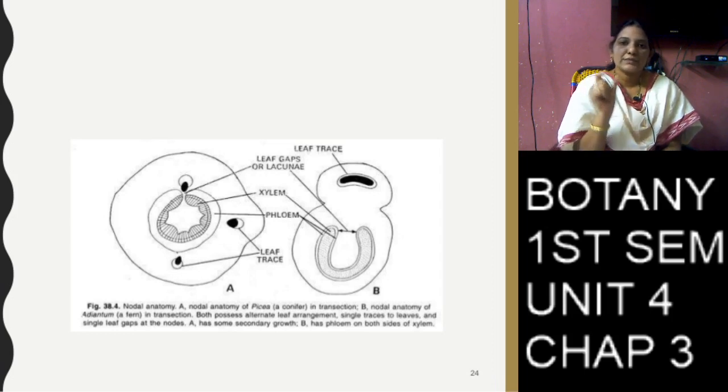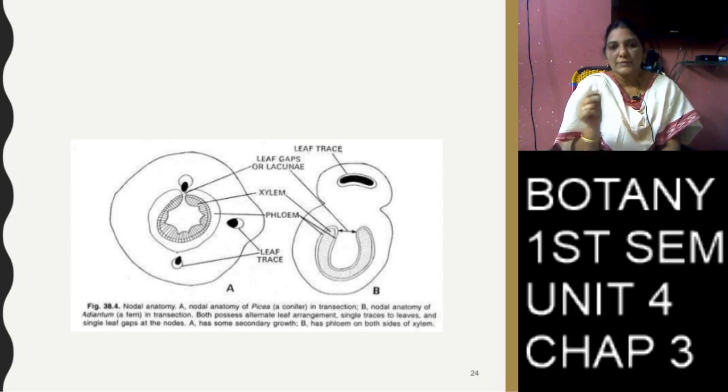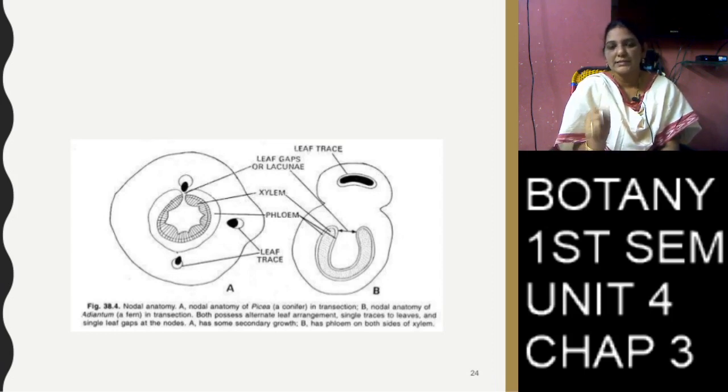We can see in the diagram that some gap is there in the xylem and phloem. That gap is called the leaf gap.